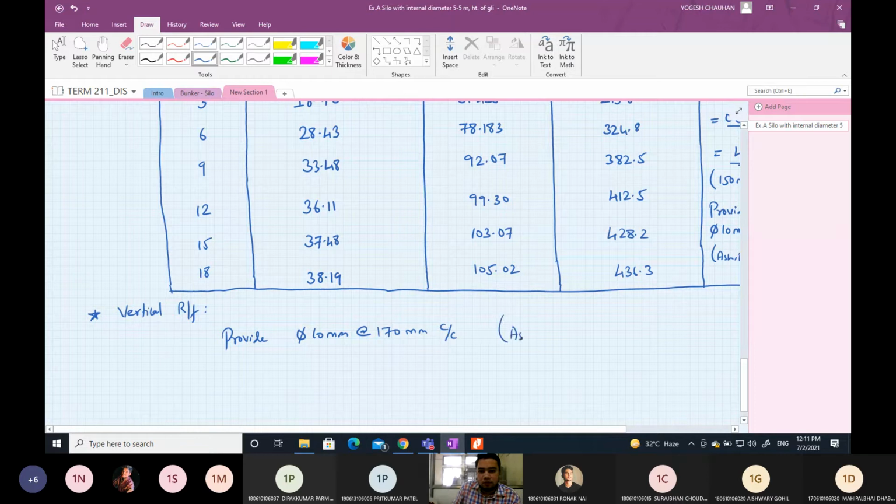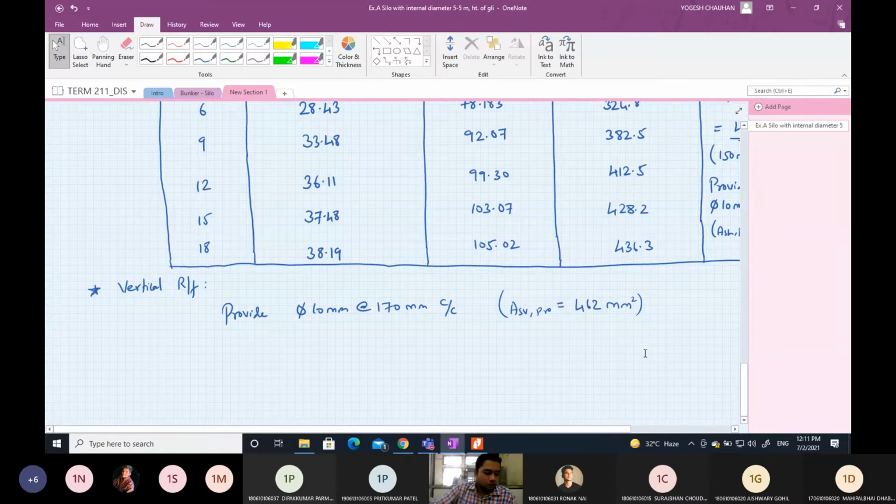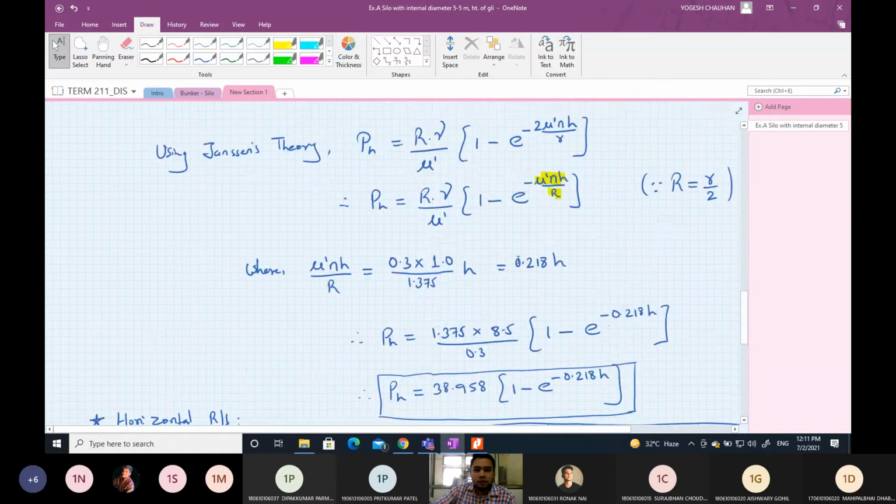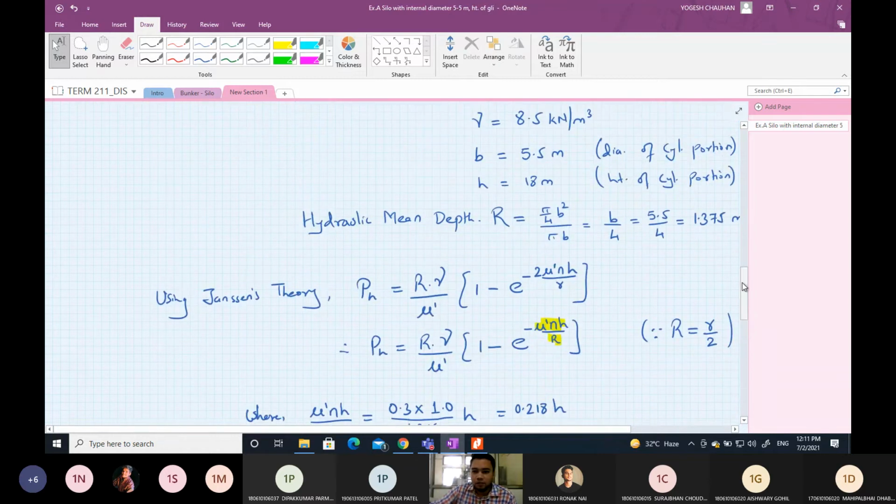That will give you ASV, the vertical steel provided, equal to 462 mm square. Okay, so with this your design of side wall is complete.